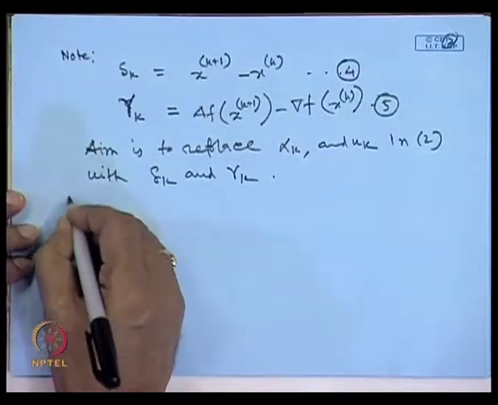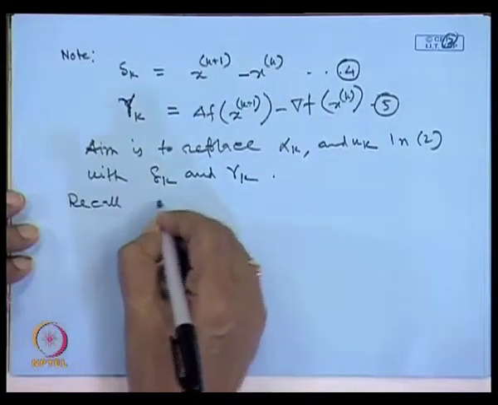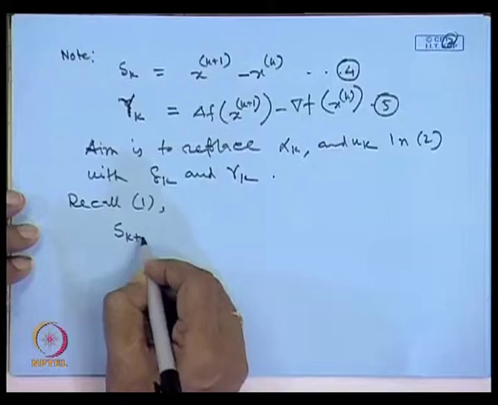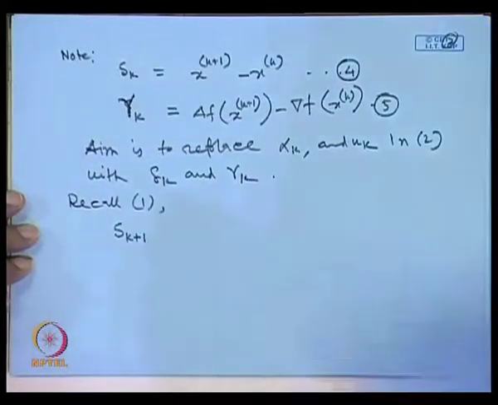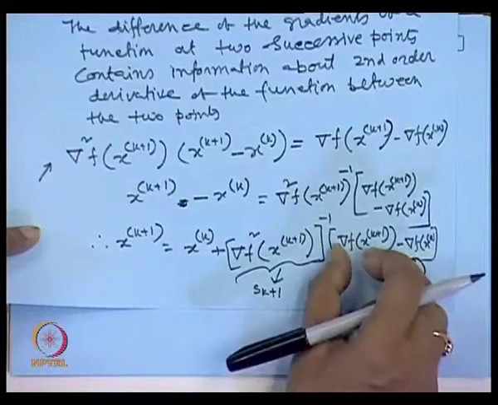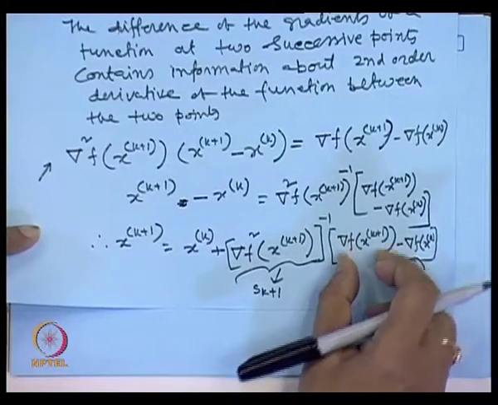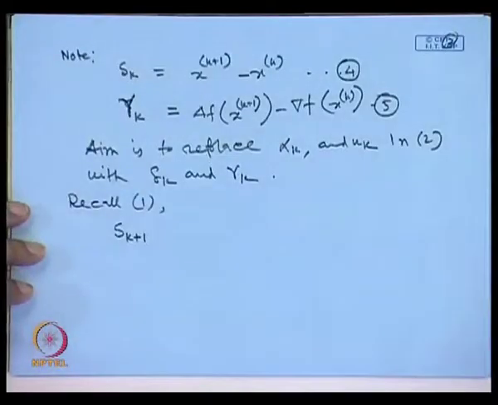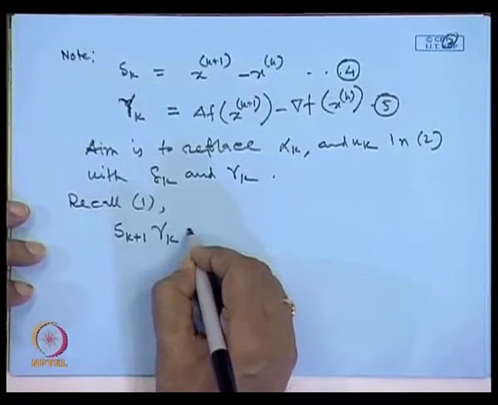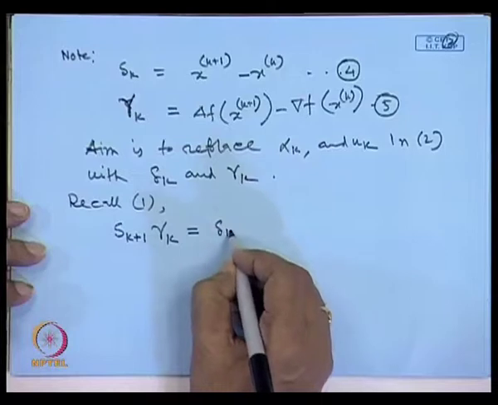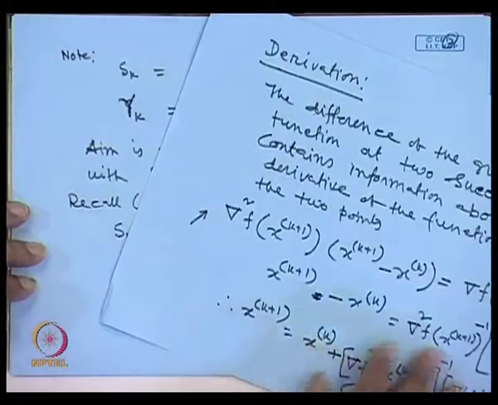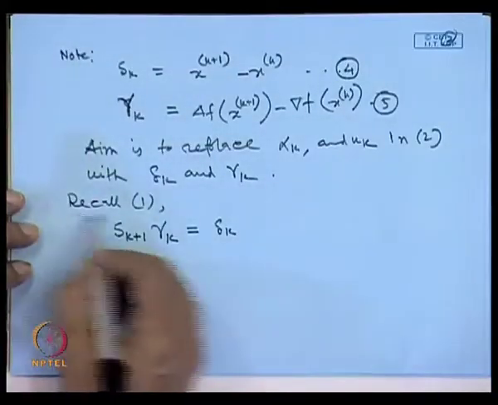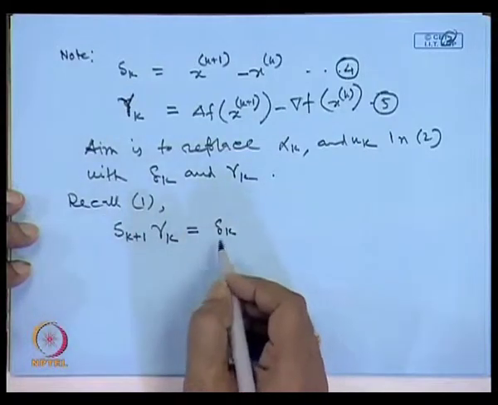If you recall equation number 1, then I can write x subscript k, and this is what we have denoted by gamma k, the change in the gradient of the function at two successive points. So, I can write gamma k is equal to delta k. See this one, if you take this side, it will be delta k. So, I can write this expression from equation number 1.